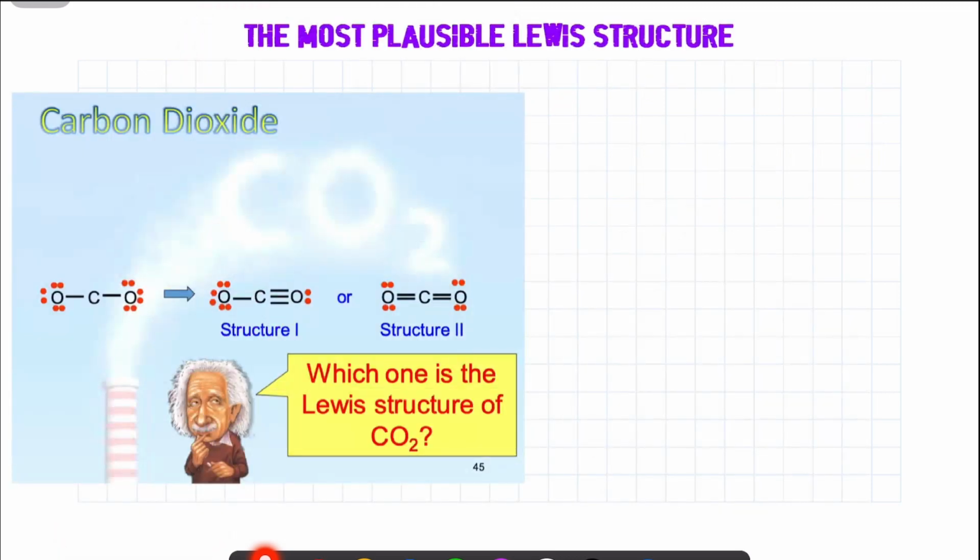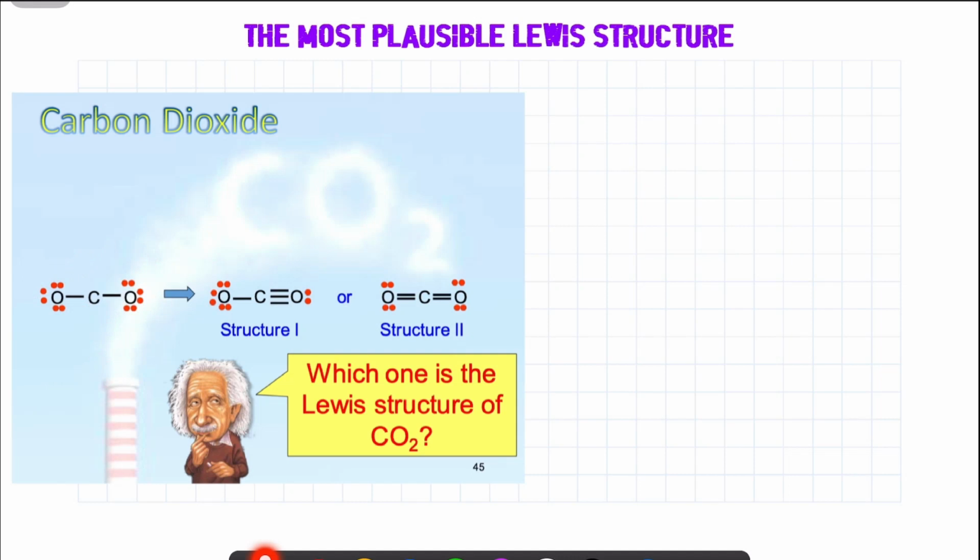Okay, the most plausible Lewis structure. For the example here, I show you carbon dioxide. This one is not the Lewis structure because the carbon is not octet. But each of the oxygen can share the electron to form bond with the carbon, to make it octet.